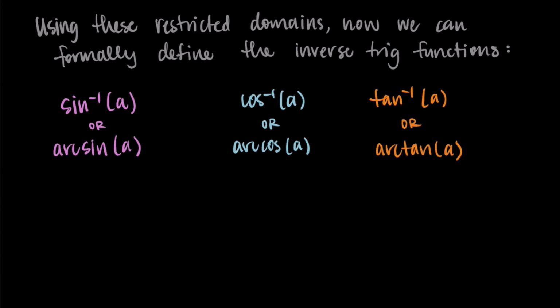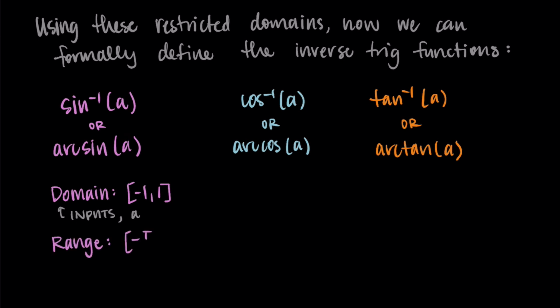Then, because we are swapping the domain and the range, for our inverse sine function, our domain is from -1 to 1. This is our inputs, so this is our A values. We have to input something between -1 and 1. Our range is from -pi/2 to pi/2. These are our outputs for our angle theta, and so the inverse sine function is going to give us an angle in this range.